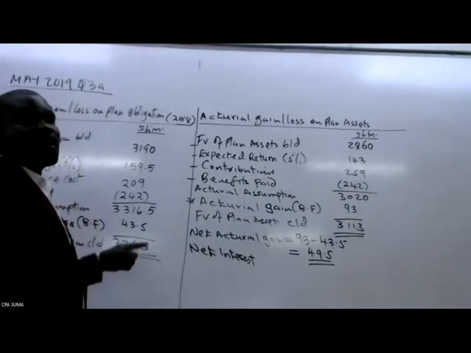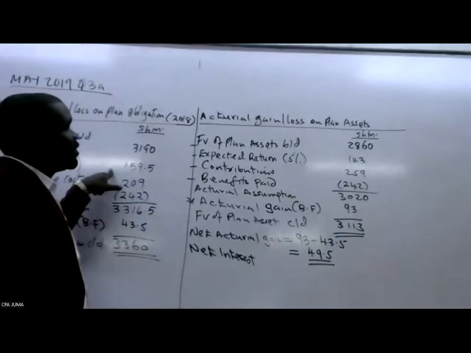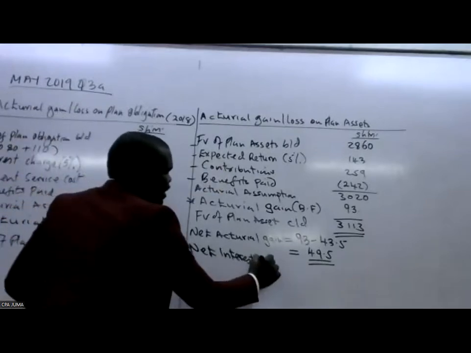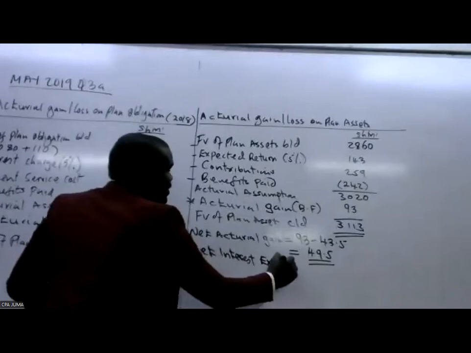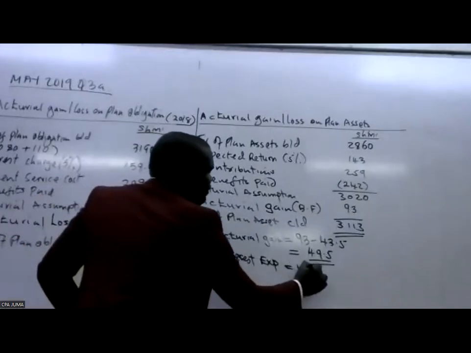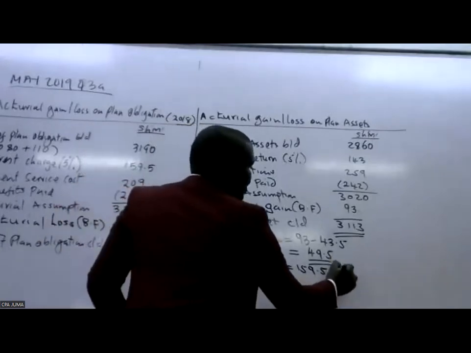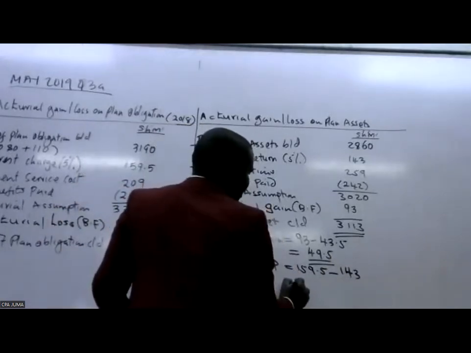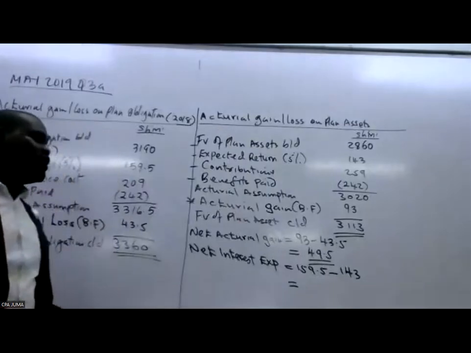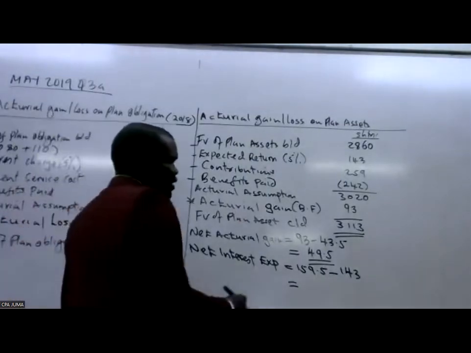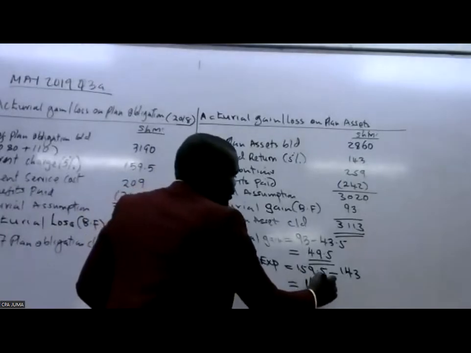Expense. So the expense is 159.5, and we are receiving 143. So we are remaining with net interest expense of how much? 16.5.